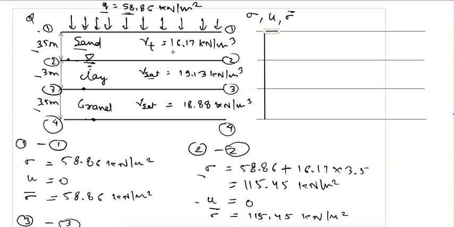So from there this line will be like this, and after that its slope will be equal to the unit weight of clay. So this slope is more.